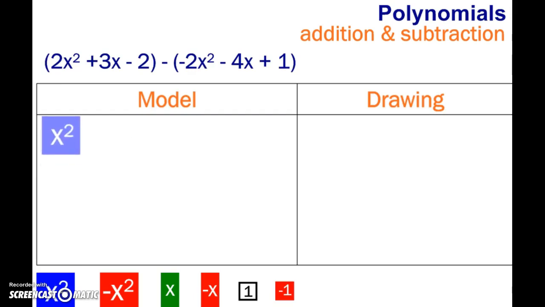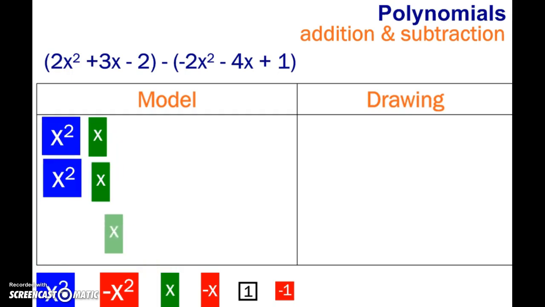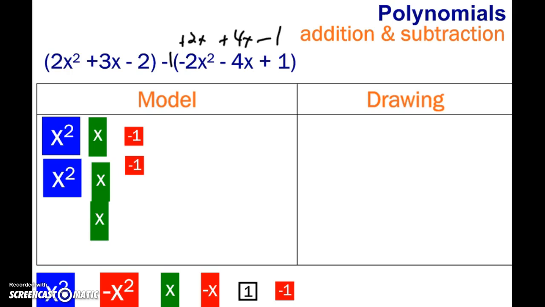So I put my 2x squared up here. Line first is the exact same, 3x minus 2. Now, I'm going to distribute that negative 1. So that becomes positive 2x squared, that becomes positive 4x and negative 1.